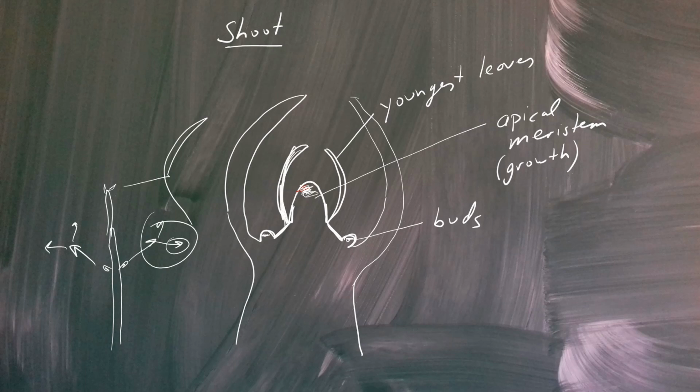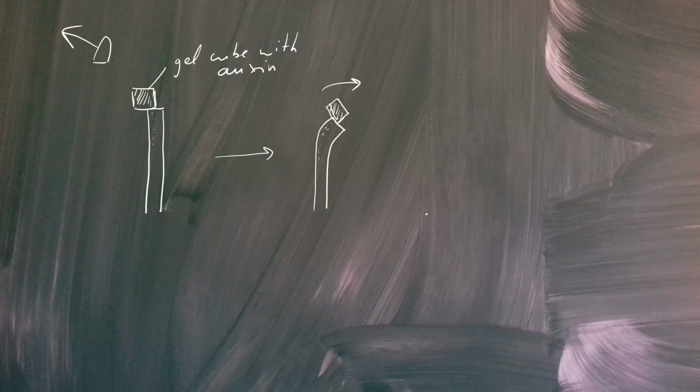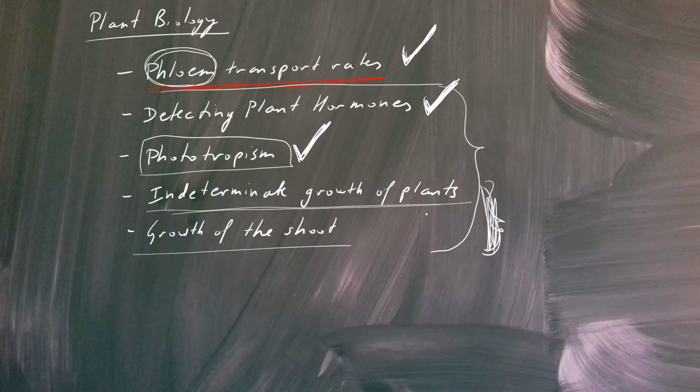And as this one grows further up, those leaves are pushed down further and further, and you have again new leaves growing, and the buds will also start to grow. Then they will again form side buds here, and will start to grow, and so on and so on. But that is essentially simply to show you a little bit how the tip of a plant looks like.